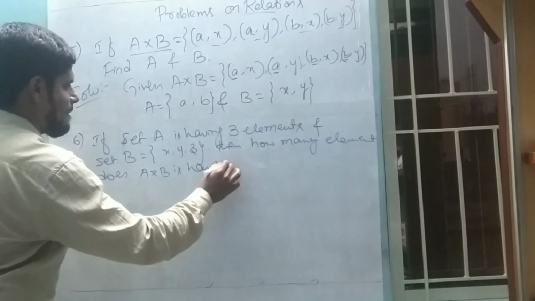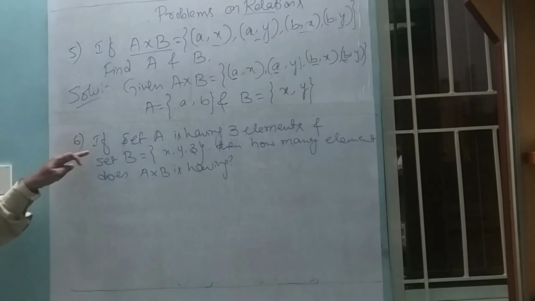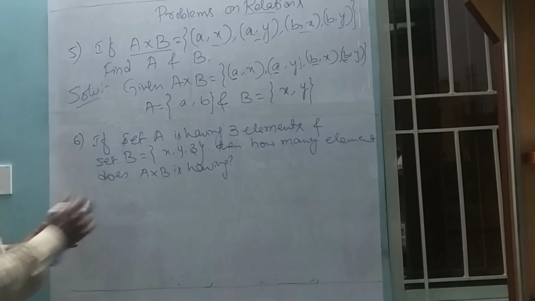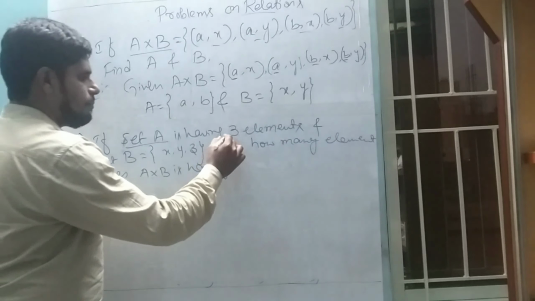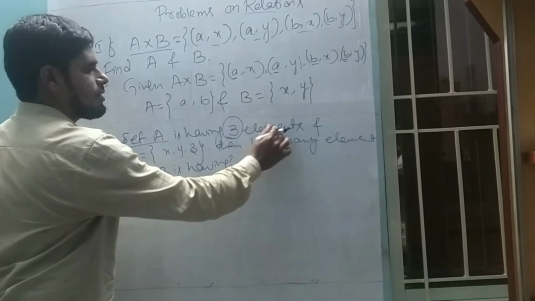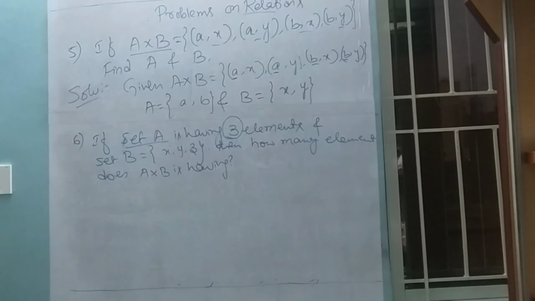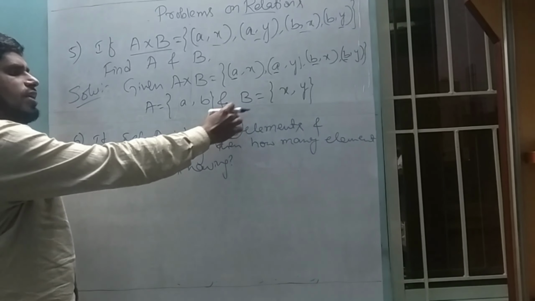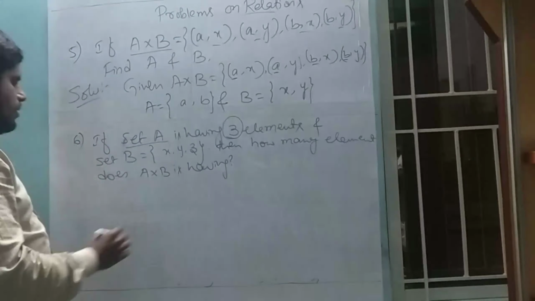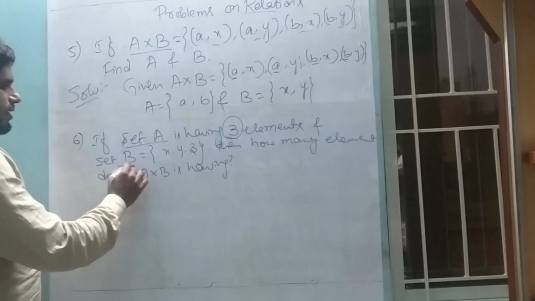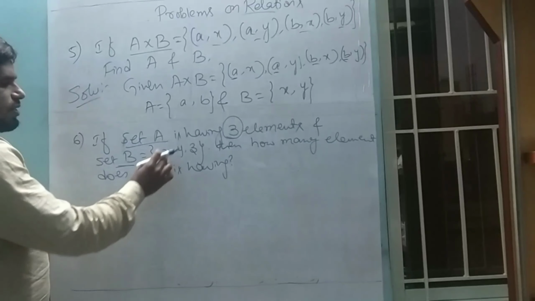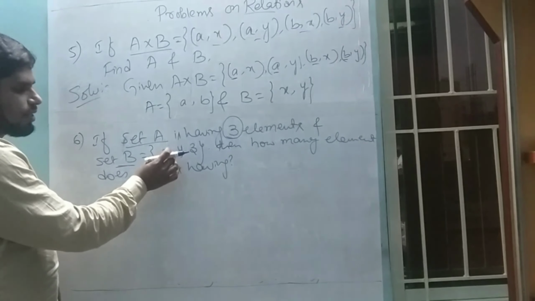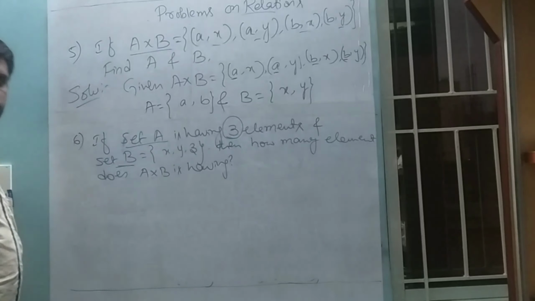So here he has given a general problem that there is a set A. We don't know what the elements of that set are, but it is declared that it has 3 elements. Set A is having 3 elements. We don't know whether they are numerical or general. And another set is there, that is set B. In this set, elements are clearly given. These are alphabetical elements x, y, z.